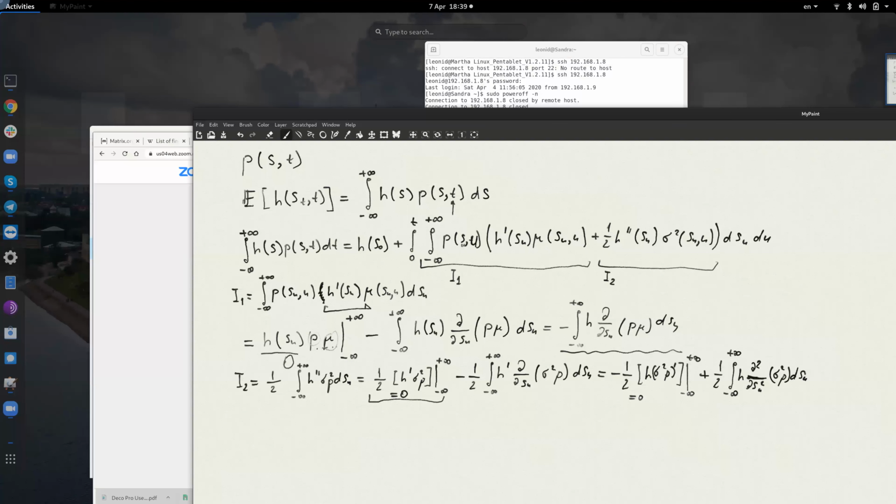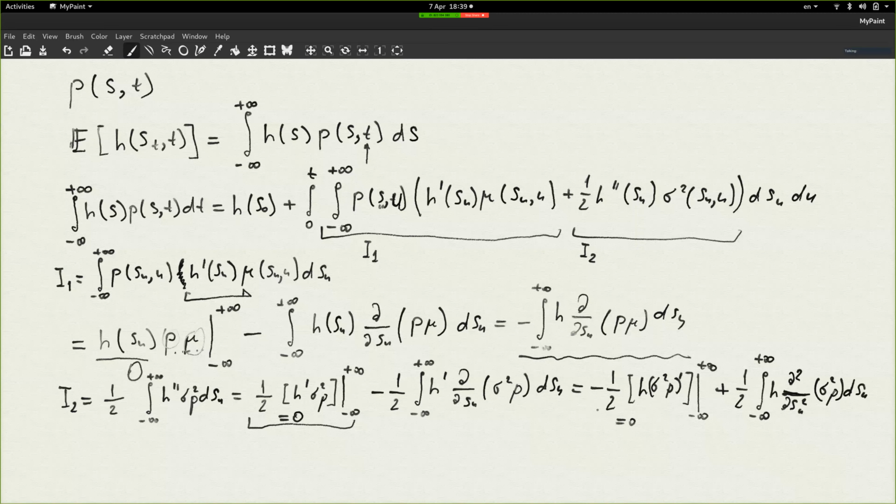Okay, therefore, what did we get eventually? We got that this term in the left-hand side equals this term in the right-hand side. Let me write it down once again.